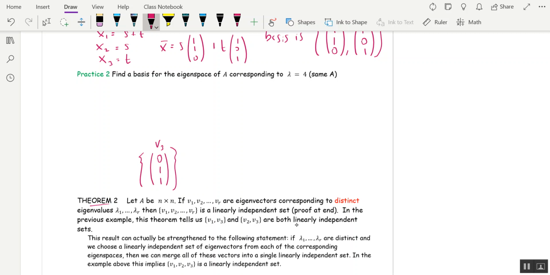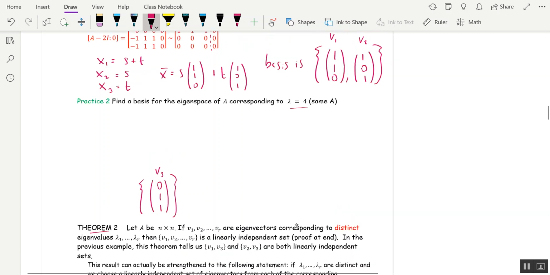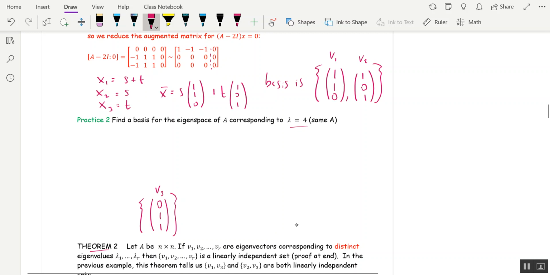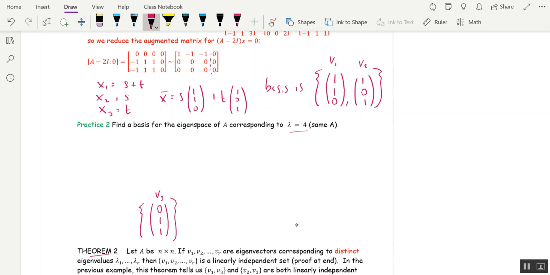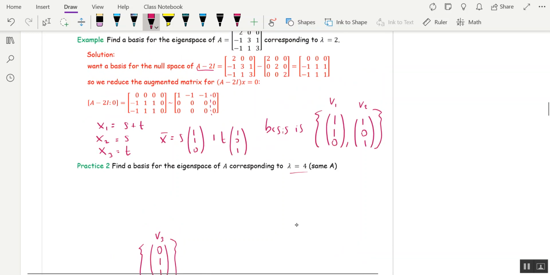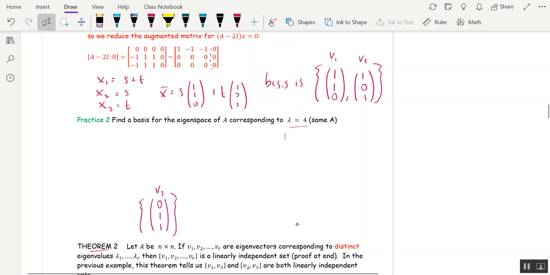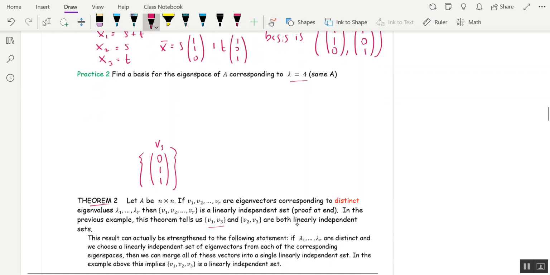Since V3 corresponds to lambda equals 4, and V1 and V2 correspond to lambda equals 2, those are distinct eigenvalues. So pairing V1 with V3 gives a linearly independent set, and pairing V2 with V3 does too, because each corresponds to distinct eigenvalues.